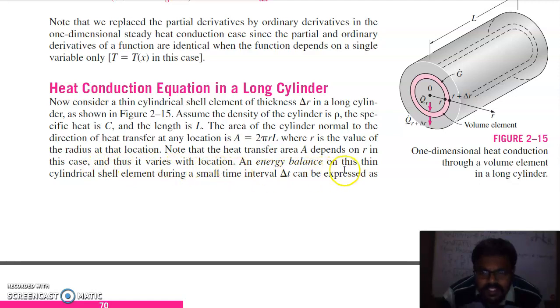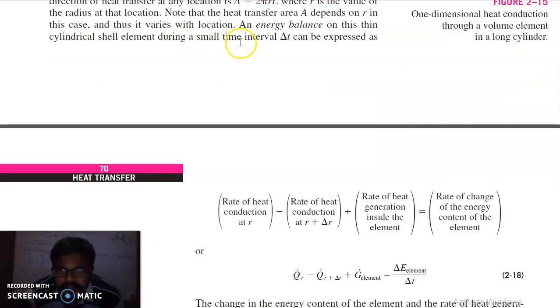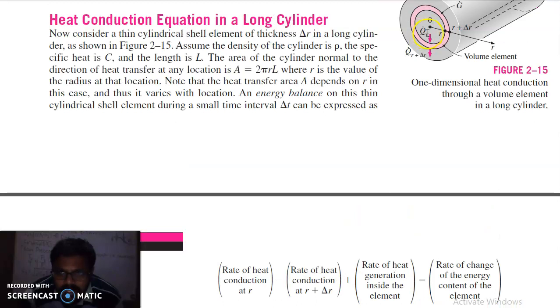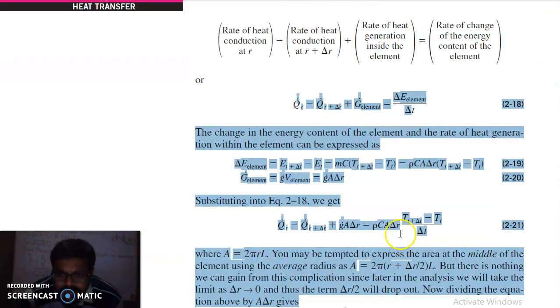The energy balance on this thin cylindrical shell element during a small time interval del t can be expressed as: rate of heat conduction at R minus rate of heat conduction at R plus del R, plus rate of heat generation inside the element, is equal to the rate of change of the energy content of the element, which is this in this case.